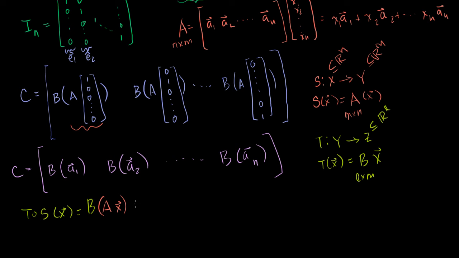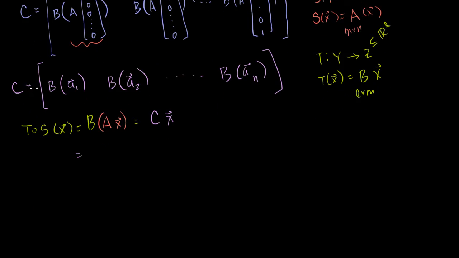So this is equivalent to, let me switch colors, C times x, which is equal to this thing right there, which is equal to, let me write it this way, B A1, I'll try to be true to the colors, where A1 is the first column vector in our matrix A. And then the second column is going to be B A2, where A2 is the second column vector in A. And then you could keep going all the way until you have B times AN, at times x, of course.